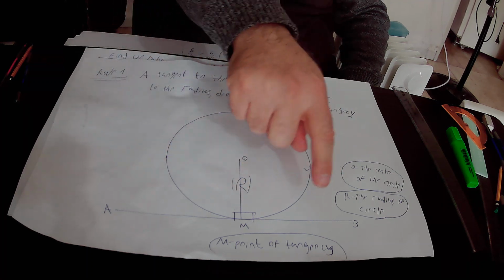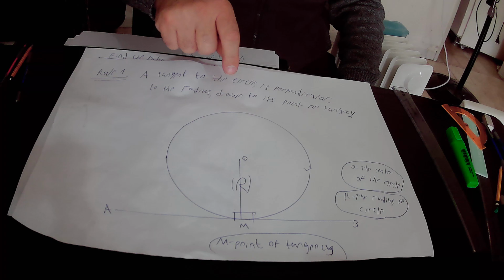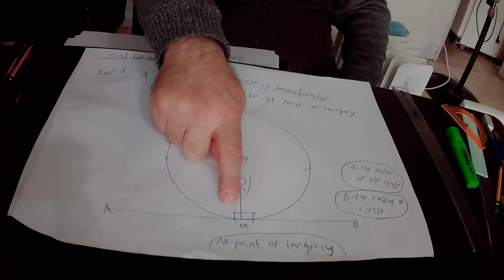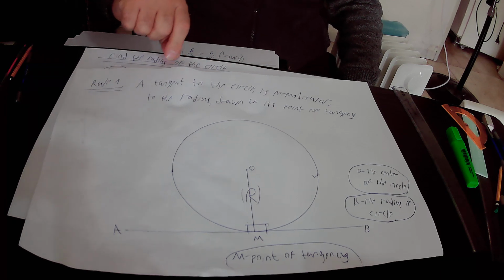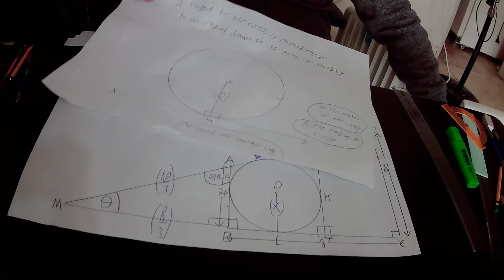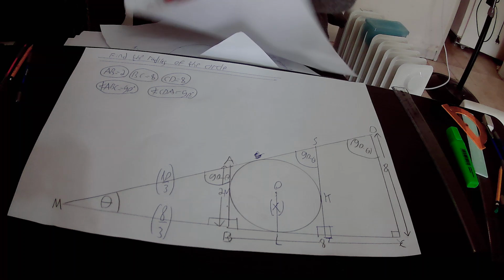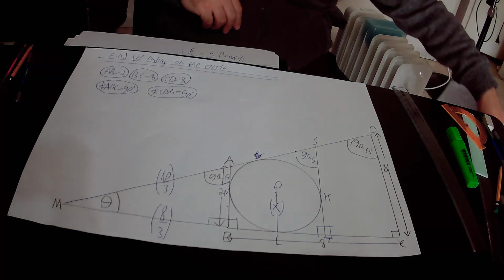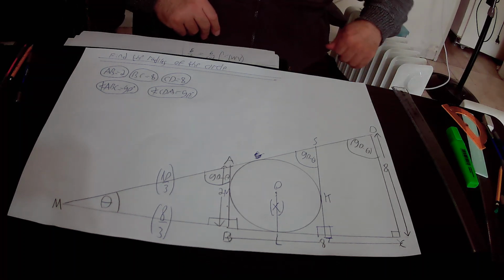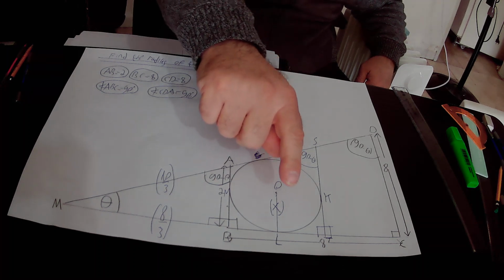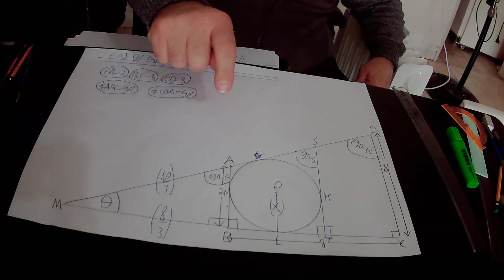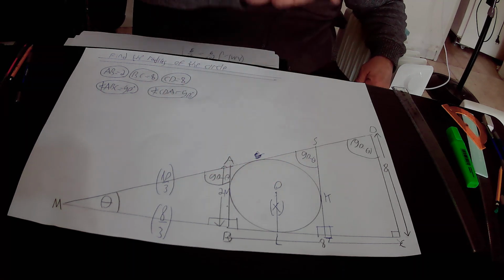If AB is perpendicular to MO, it means that this angle equals 90 degrees and this angle also equals 90 degrees. We can actually implement rule 1 in our drawing. Why? Because in our drawing we have the radius OL that is drawn to point L, the point of tendency of tangent BT with this circle.